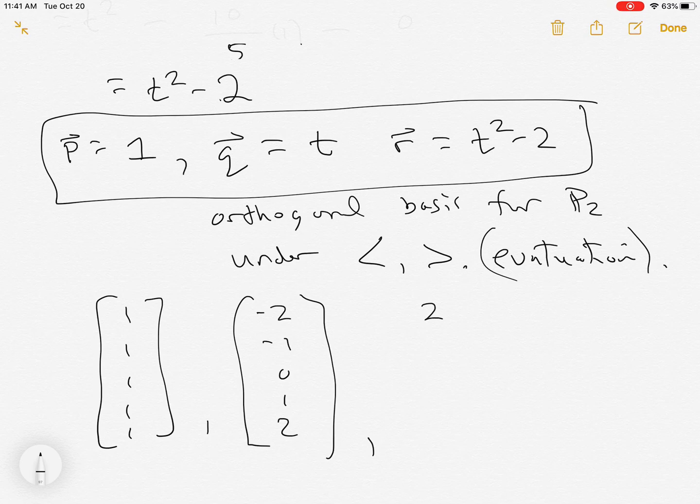If you plug in minus 1, you get minus 1. If you plug in 0, you get minus 2. If you plug in 1, you get minus 1. And if you plug in 2, you get 2. And if you look at them this way, you see that all of these are orthogonal to each other. Right, so minus 4, minus 3, 0, minus 3. Yeah, all works.